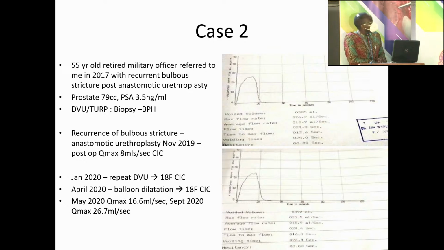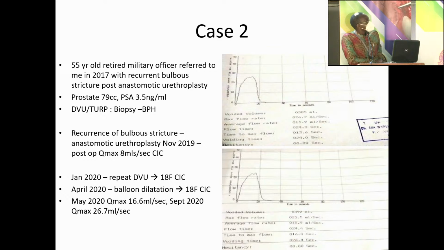We did TURP, DVU, and TURP, and the biopsy was BPH. But soon after, he restrictured, and the Qmax as of November 2019 was 8 mils per second, despite CIC. We did a repeat DVU, and CIC still, the stricture persisted.